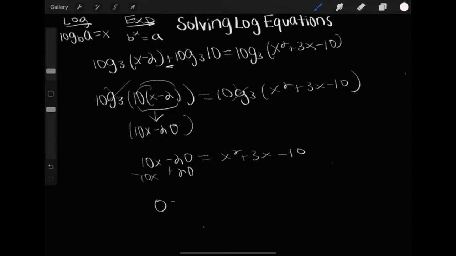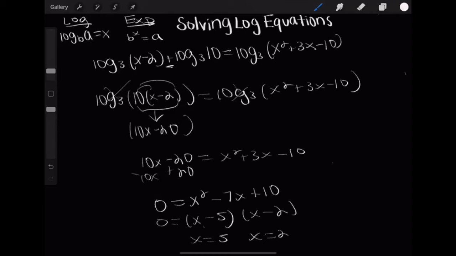So you'll have 0 is equal to x squared minus 7x plus 10, and then you solve for x, so you'll have x equals 5, x equals 2, and now we're not done. We have to plug these back in.